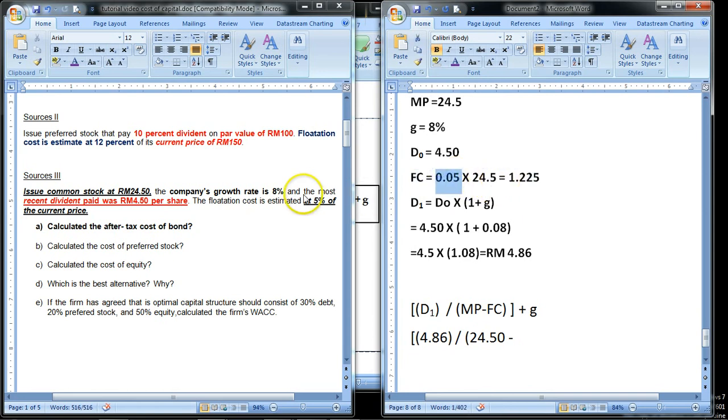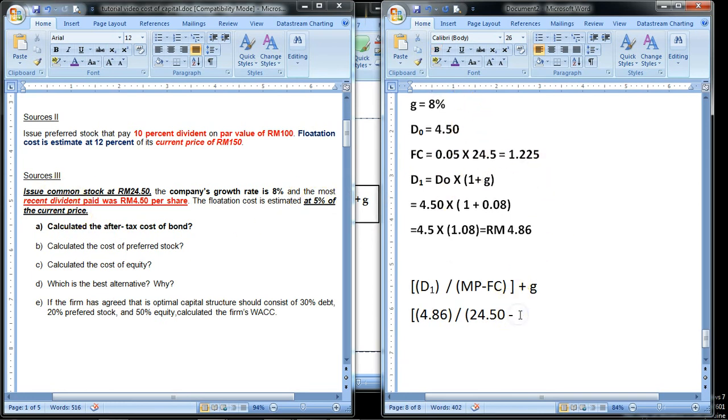As I told you, the question gives 5% of your current price. The market price is the current price. That gives 1.225. Calculate this first, then you plus your G. Your G is 0.08, changed to decimal. So what is the answer? Class, please calculate with me.